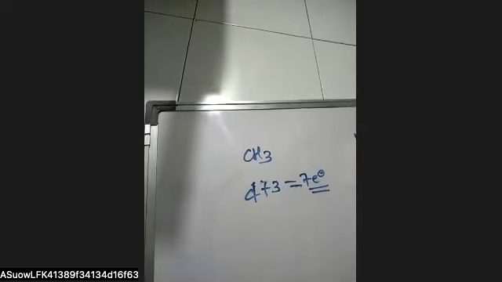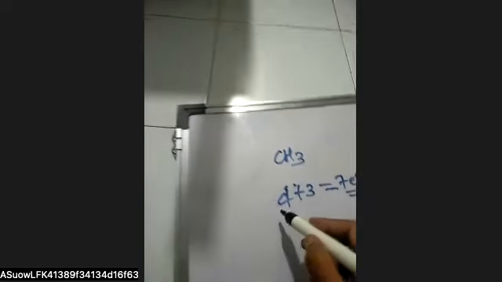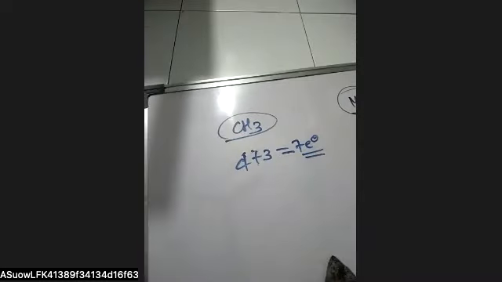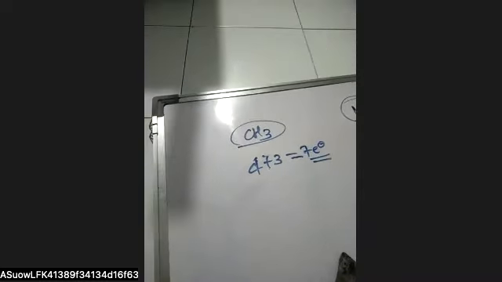So this complex will be isolobal to CH3. So in case of isolobal analogy, the orbital arrangements and the valence electrons are of the similar type.